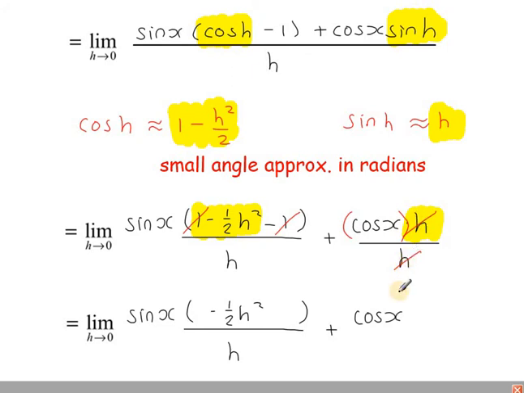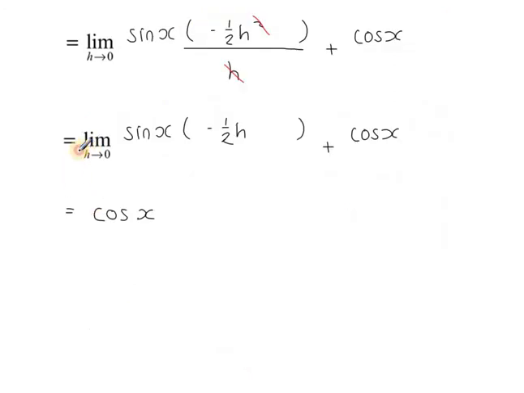Okay, so they do cancel, and then I can cancel the h from here and one from here, and we know that h tends to 0, so this term is 0 times sine x is 0. We're just left with cos x, and that's the proof from first principles that if you differentiate sine you get cos, and the proof is done in radians for us to use the small angle approximations.